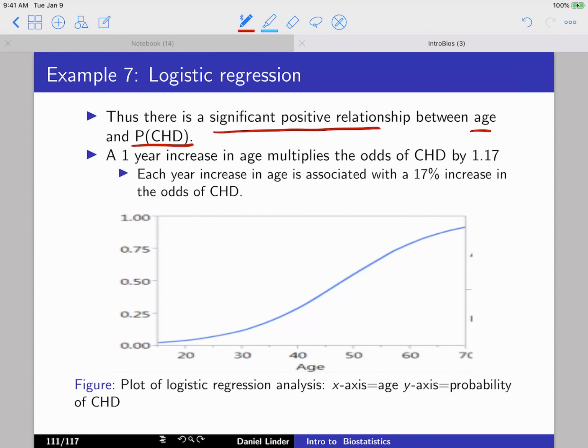But what would the graph look like if we actually graphed this estimated model? We have age down here on the bottom of the graph. This is our predictor, age ranging from 20 all the way to 70. And on the y-axis is the probability of coronary heart disease.